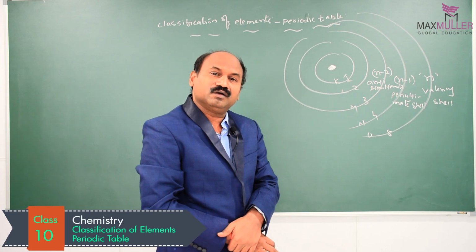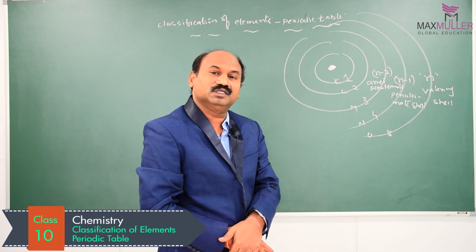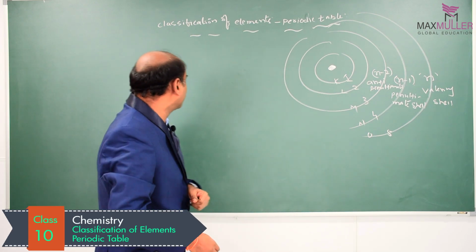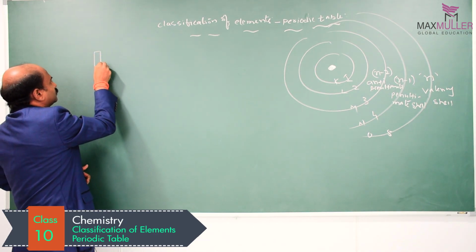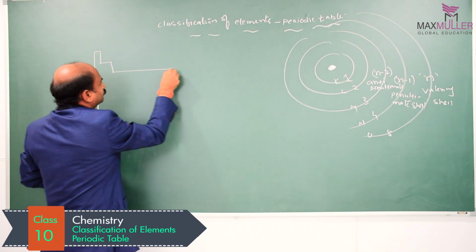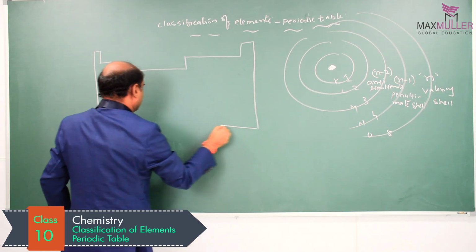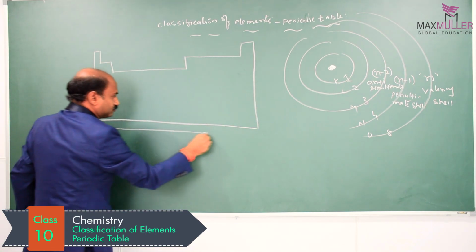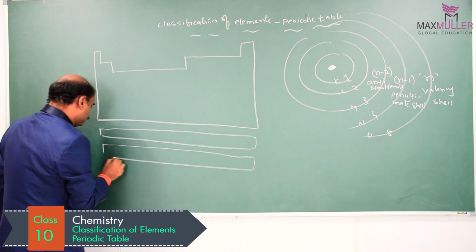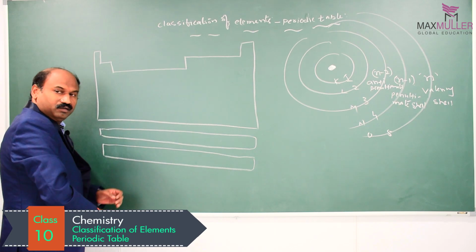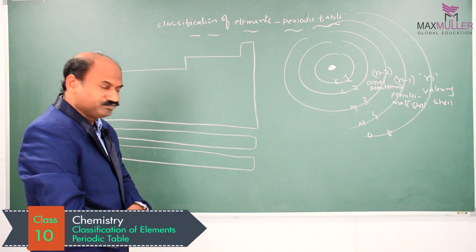Now, where are these SPDF block elements arranged in the periodic table? You all know the outline of the periodic table. The outline of the periodic table is just like this. How are SPDF block elements arranged in the periodic table?